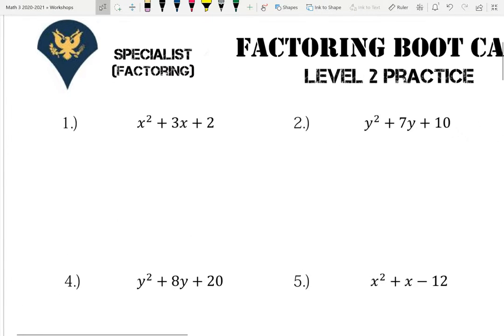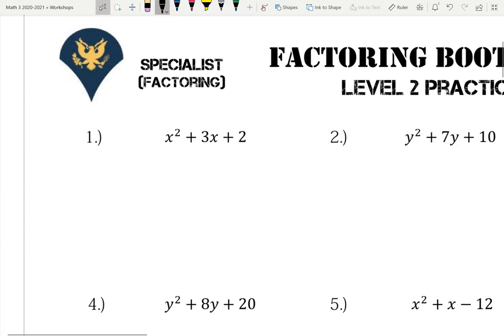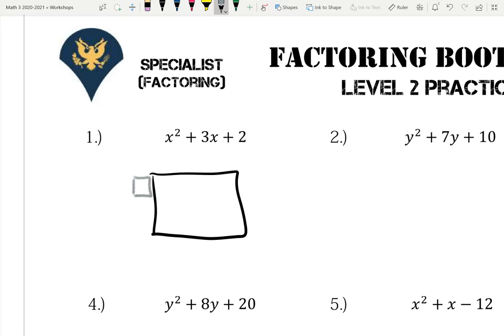Alright, looking at this one, I know that it's going to be a product of two binomials. So there are going to be two terms that multiply this part and this part. Two binomials being multiplied together with some stuff inside is going to result in my trinomial.